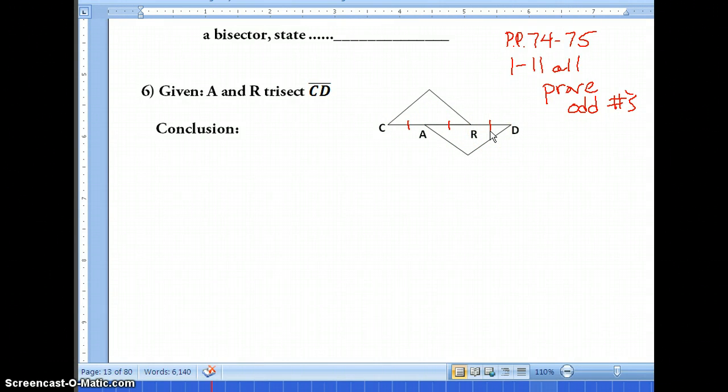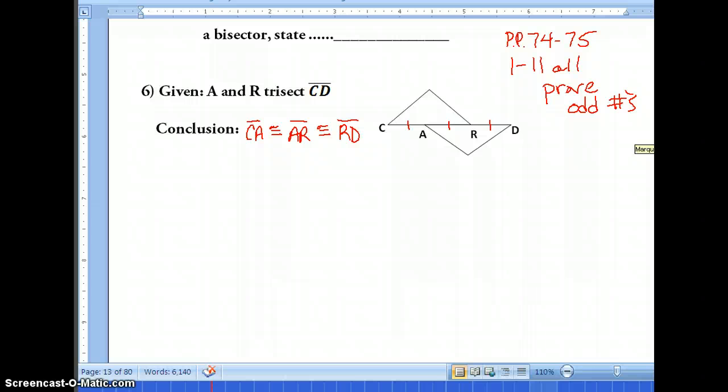And so if you were given this piece of information, you should be able to state that segment CA is congruent to segment AR, which is congruent to segment RD. That's what you should be able to state with this given information.